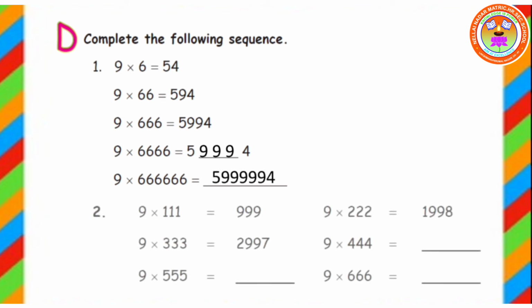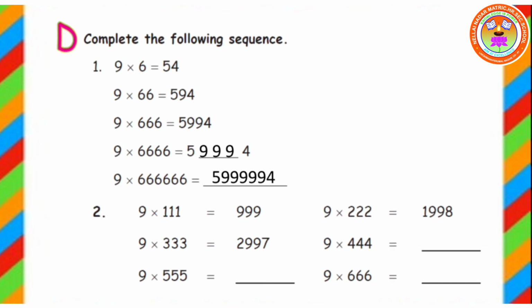Second sum. 9 into 11. 9 ones are 9. Extra 2 nines. 9 twos are 18. 1, 8. Extra how many twos is there? 2 twos. Centrally write 2 nines. 9 threes are 27. 2, 7. Extra how many threes is there? 2.